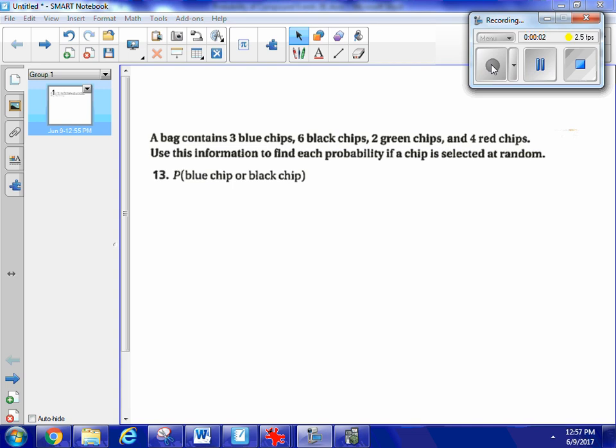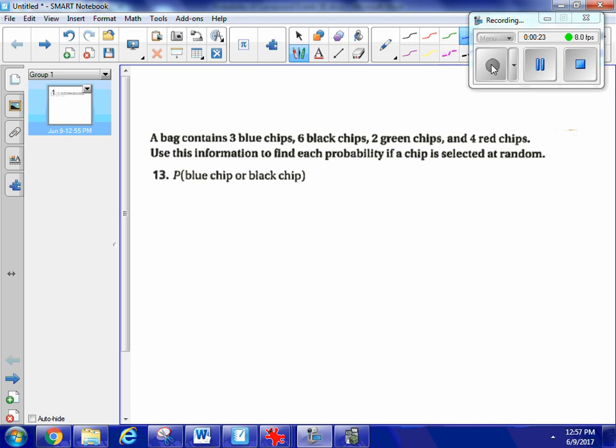Let's do a couple of problems dealing with mutually exclusive or overlapping events, which, by the way, if it's mutually exclusive or overlapping, those are mutually exclusive events themselves. So I have a bag of chips, and maybe they're those vegetable chips that are all the different colors.